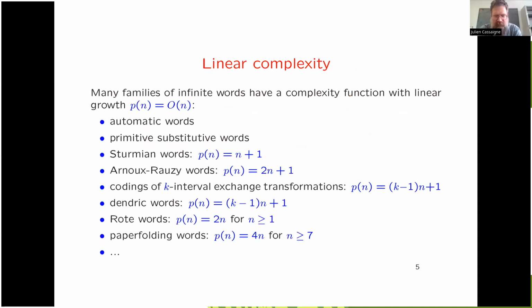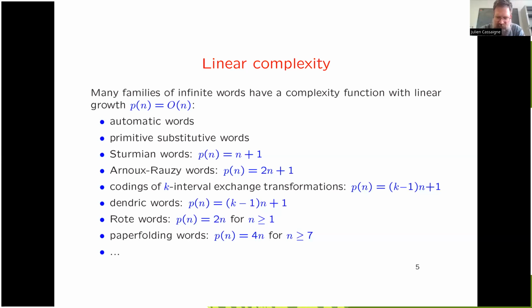There are lots of examples of words that have a linear growth complexity function. This is a bit surprising because if you take a random word, it has an exponential complexity function.